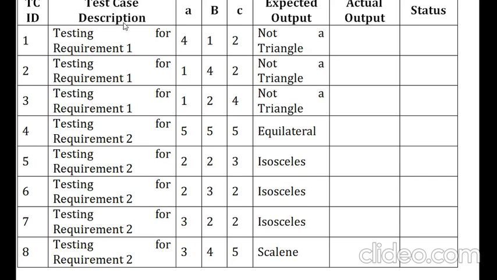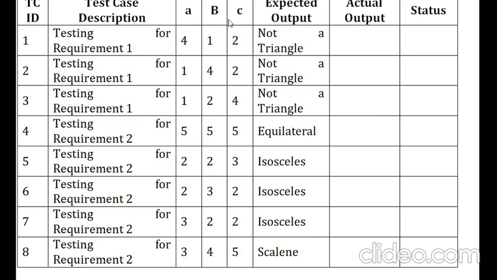Test case description, you can write anything here. So testing for requirement 1, requirement 2, requirement 3, and requirement 4, because some cases are not a triangle cases, that's why. So you write anything based on your descriptions.